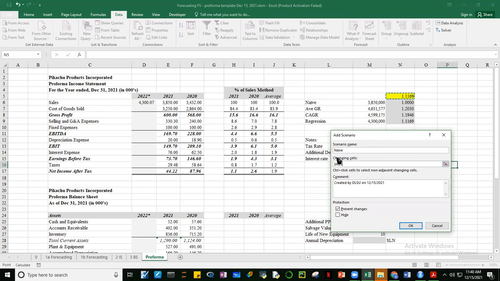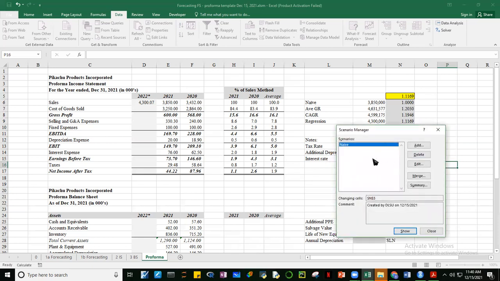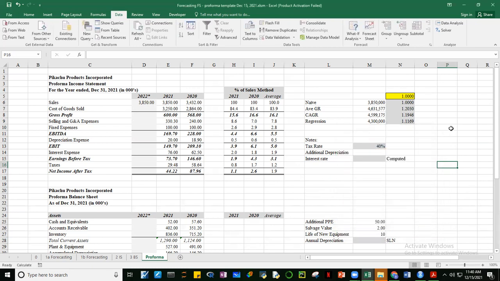Papalitan natin to. Pag naive guys, ano yan? 1.000 yan. That's the naive. Okay? So, show. Okay. So, yun na. 3850.